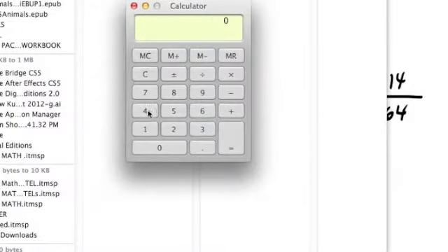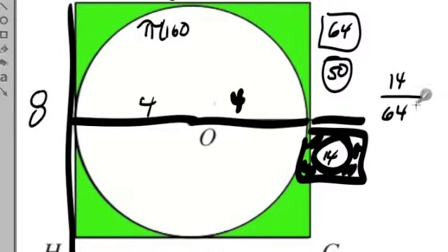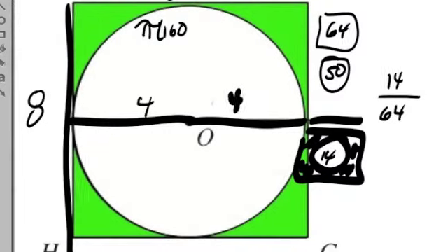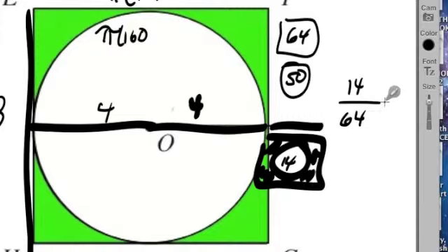I have 14. What's 14 divided by 64? It's about 22%. Why did I use the calculator? Well, I'm really tempted to round this to 15 and 60 and say it's about 25%, but it's actually closest to 20%.